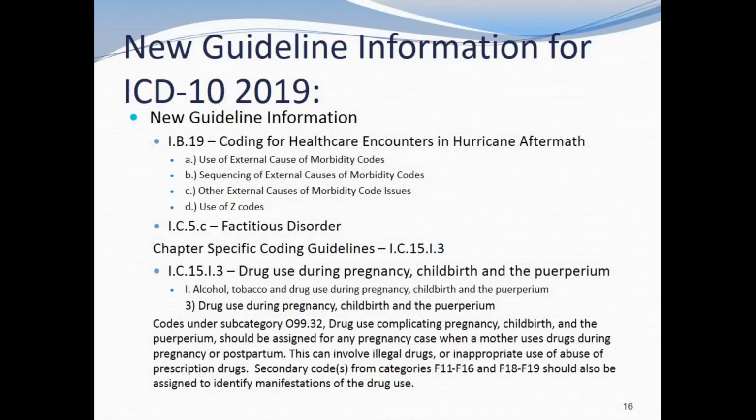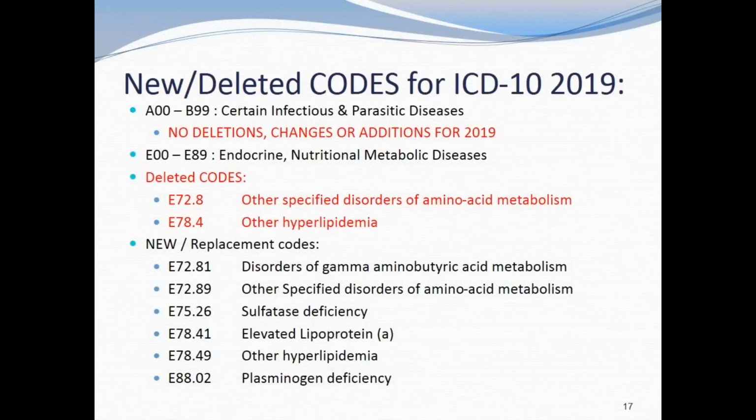For this type of issue, when you have drug use during pregnancy, then there's certain ways that you have to code that. And I go over with you everything that you need here if you ever need to go through this. But if you have problems with that, just send them to me and I can go through this with you so that we can make sure that we get this right.